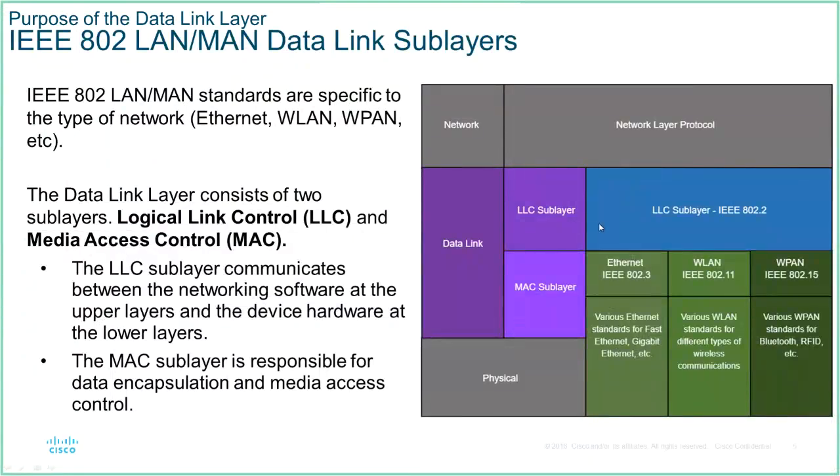The data link layer consists of 2 sublayers: the logical link control, which is where our drivers sit for our network card, and the MAC, or media access control, sublayer, which is where our actual network card sits and converts our frame into bits to place it onto the physical medium. And this is where our physical addressing resides.